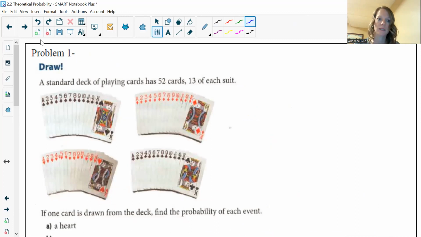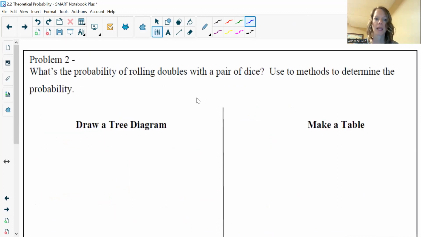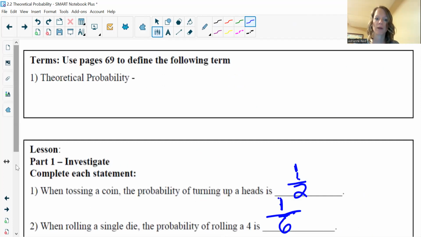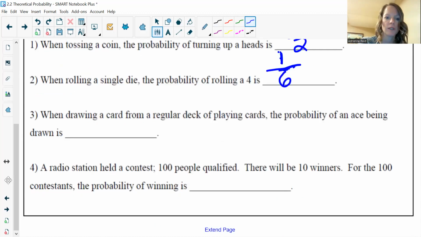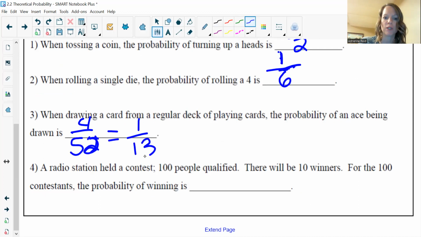There's 4 aces in this deck of cards. And in a deck of cards, there's 52 possible outcomes. This is 4 out of 52. But we should reduce that. Grab your calculator if you're not quite sure, but there's 1 ace in every suit, and there's 13 cards in every suit. So it's a 4 out of 52 chance, or 1 out of 13 chance that would happen.